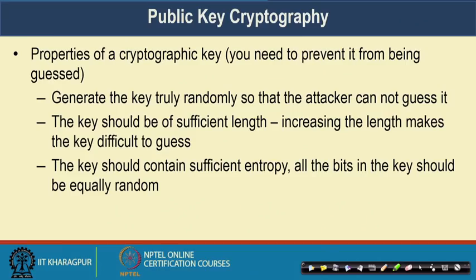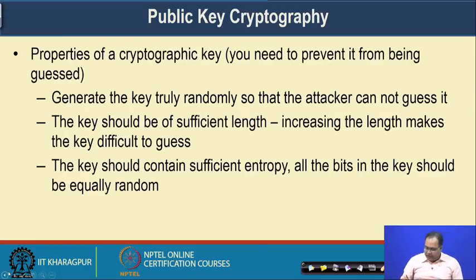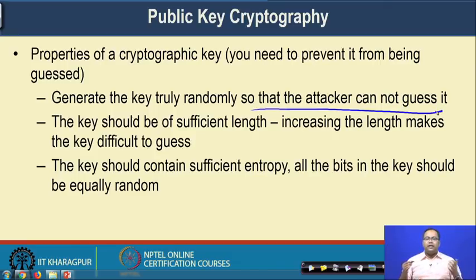So, the properties of a cryptographic key to prevent guessability are as follows. First, you need to generate the key truly randomly, so that the attacker cannot guess it, and no one will be able to guess that particular key unless it is informed explicitly to others.